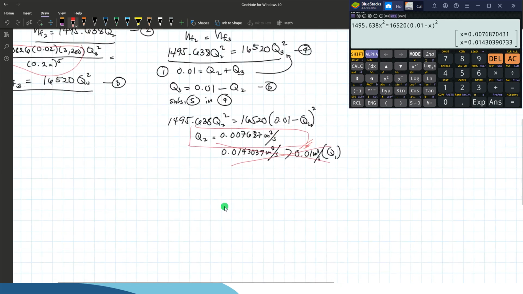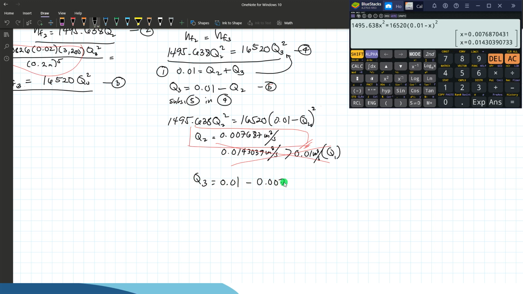Now for pipe number 3, you can simply solve this using equation number 5. Q3 is equal to 0.01 minus the discharge at pipe number 2, which is 0.007687 cubic meters per second.